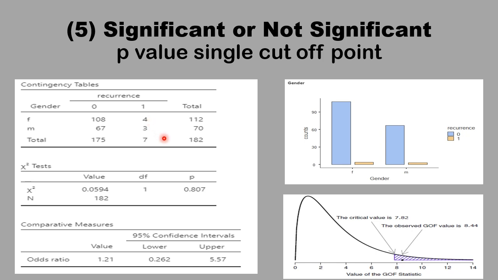We run a test statistic, the chi-square 2x2 test. This would give us a value here, and to see whether this value is significant or not, we check the probability distribution of the chi-square test with a single degree of freedom of 1, which is the case with all 2x2 tests. In this probability distribution, there is a certain point here at the 5% level.